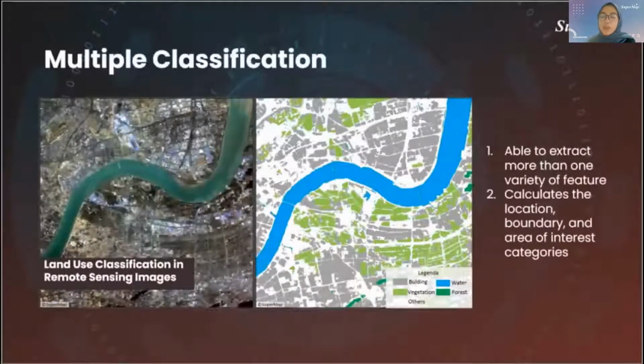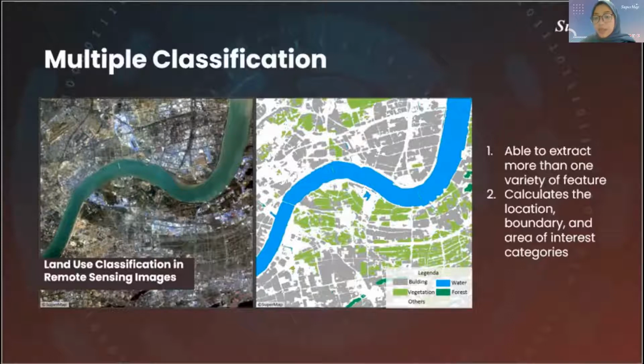And next one, we have the multiple classification. In multiple classification, we could extract more than one feature class, but sure, it will take more time to execute. This function uses a deep learning algorithm to classify a variety of ground feature elements in remote sensing images and determine the different feature categories of image pixels.